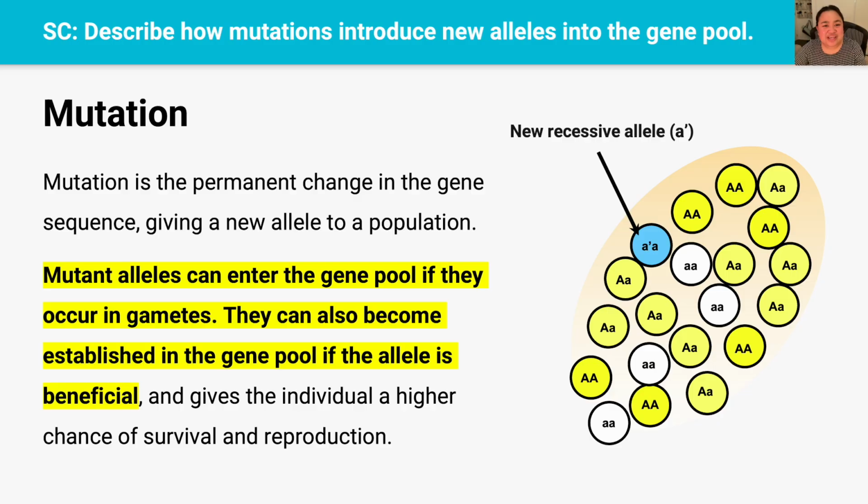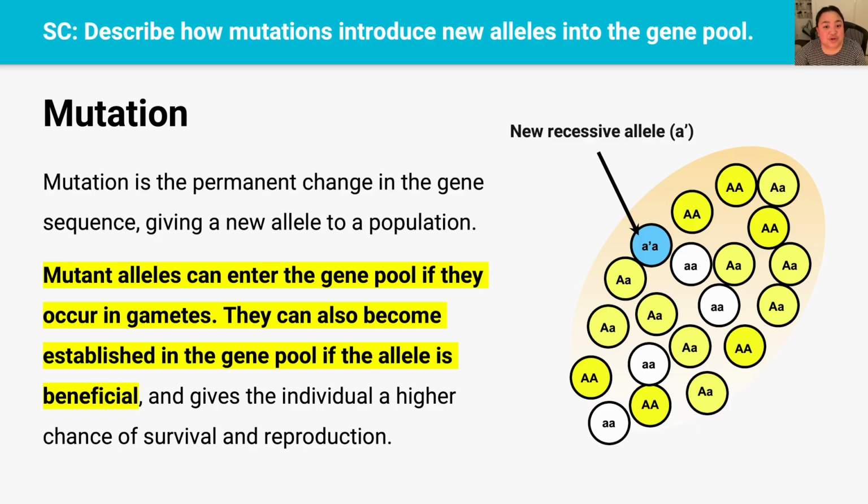So, how do new traits come about? Through mutations. A mutation is a random, permanent change in the base sequence of a gene, giving rise to a new allele in the gene pool. In fact, mutations are the only source of brand new alleles, and are therefore the ultimate source of genetic variation.